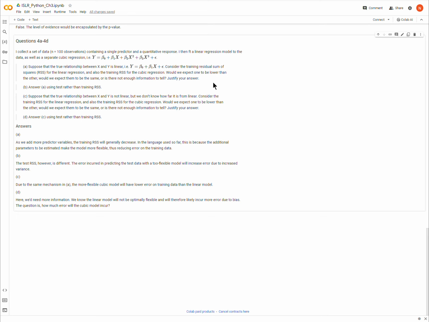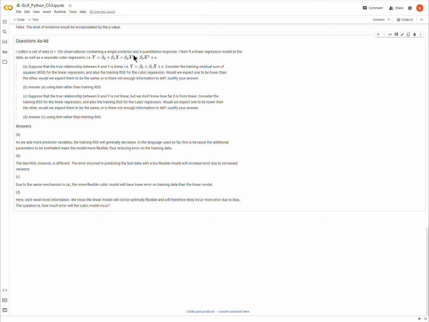If we do fit a cubic model to it, these additional terms, the beta 2 x squared and beta 3 x cubed, are going to imagine, if we humanize it a little bit, that they detect patterns of x squared and x cubed that are actually just noise.